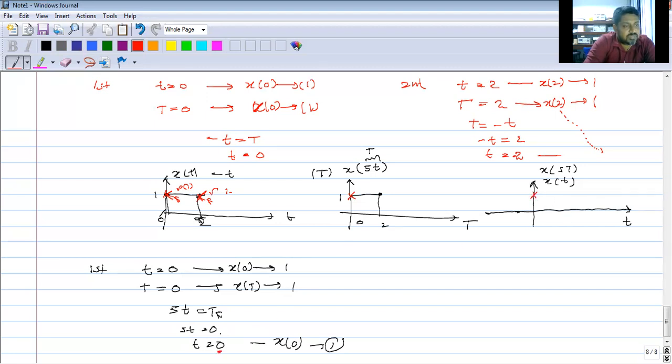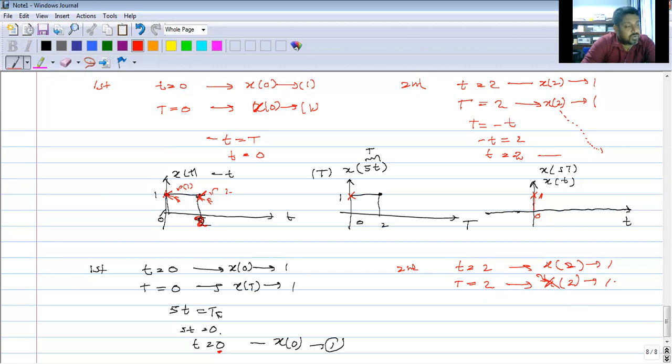So here we have the first point, 0, and its value is 1. Let's see what happened to the second point, 2. The second point means t is equal to 2, so x(2) is equal to 1. If the capital T is equal to 2, x(capital T) is again equal to 1, but you want to plot this with respect to simple t.